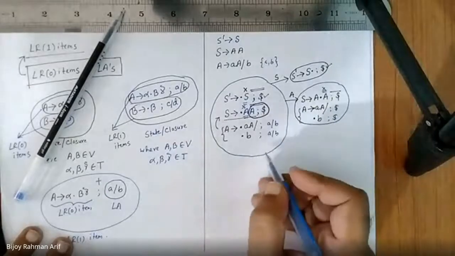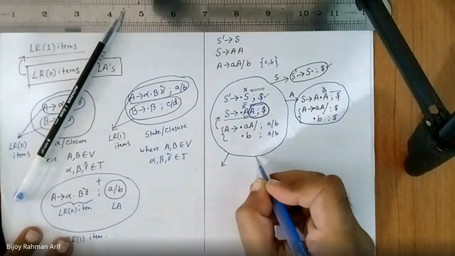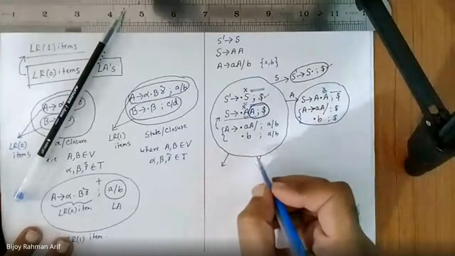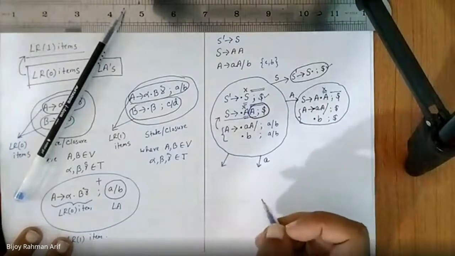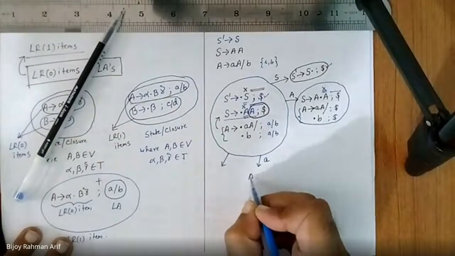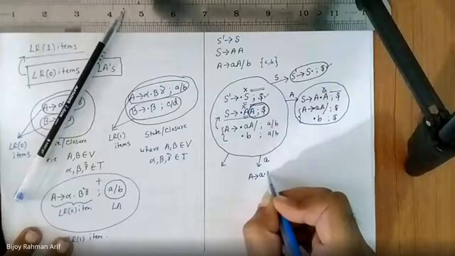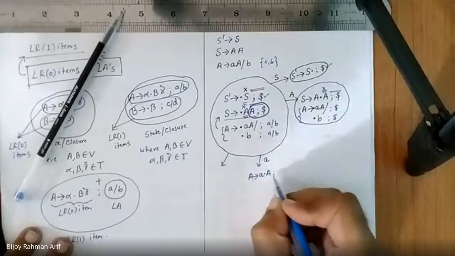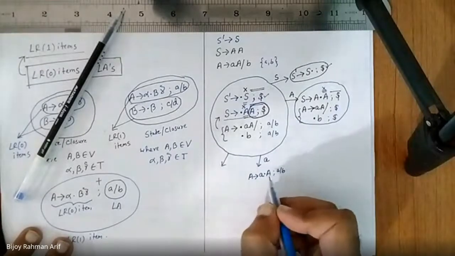Now let's go over here. Let's move on small a. So if you move, that will shift on small a. What do you get? A derives small a, closure, capital A. Don't change the lookahead, so the lookahead will be a comma b. Now, what is just after closure?